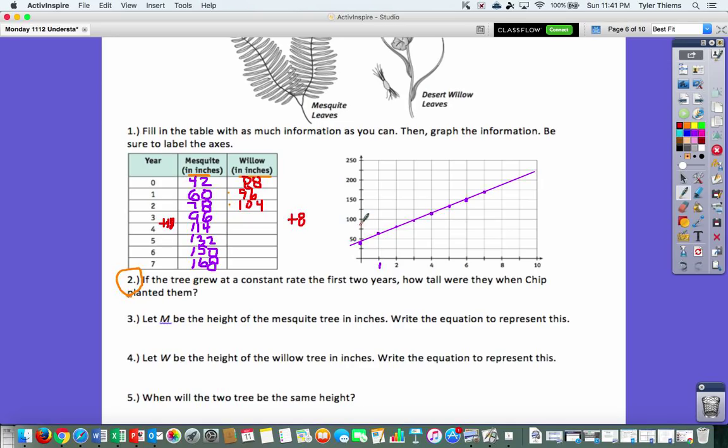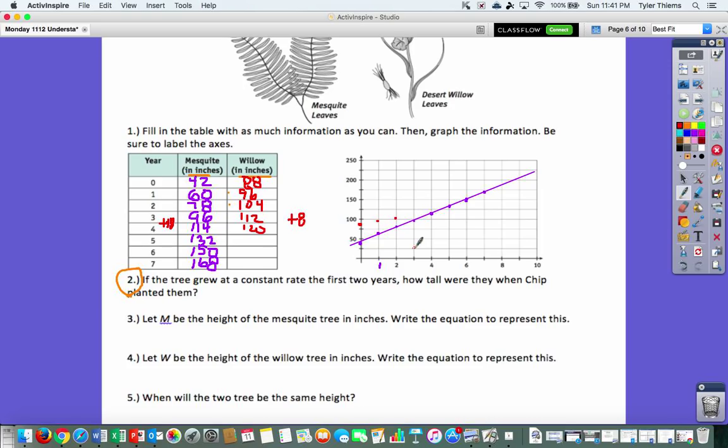Notice that the mesquite starts much higher than the willow tree, which starts at 88. Year 1 is 96. Year 2 is 104. So it starts larger, but it's not growing at the same rate. Then we go to 104, 112, 120. I'll let you finish the rest of that, but you can start to see where this is going to happen.